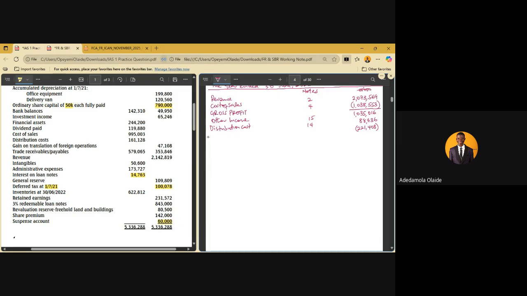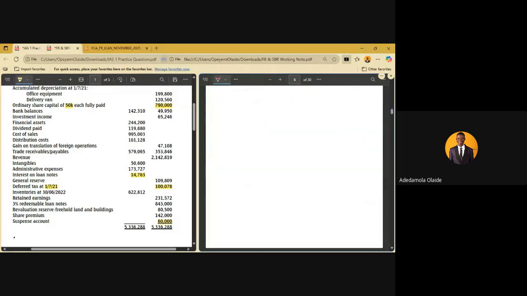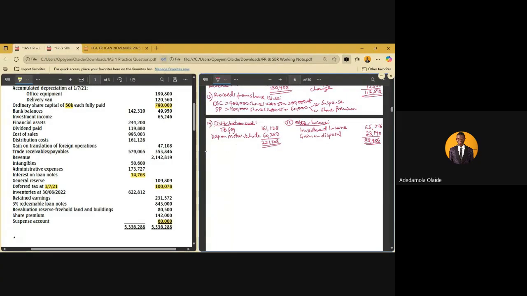We have administrative expenses. As usual, we need to do adjustment to these administrative expenses. Admin expenses, note 16.